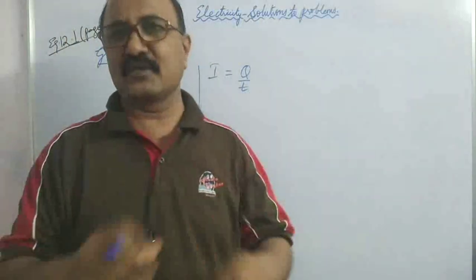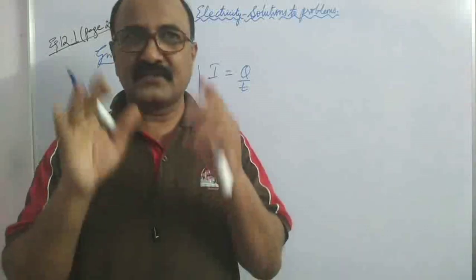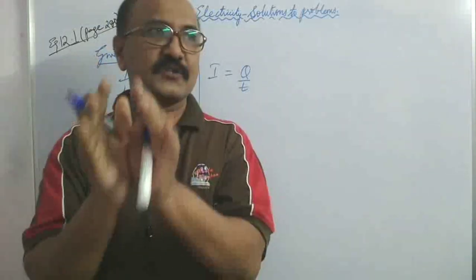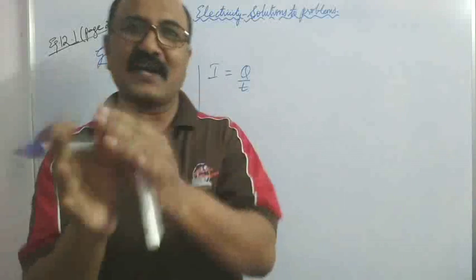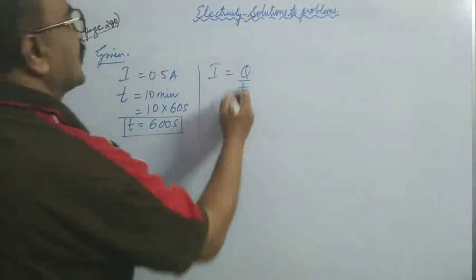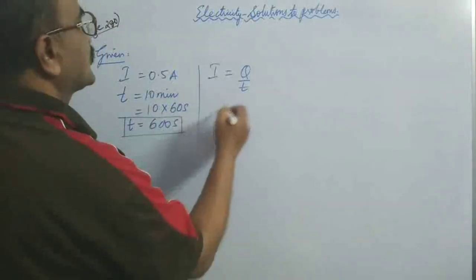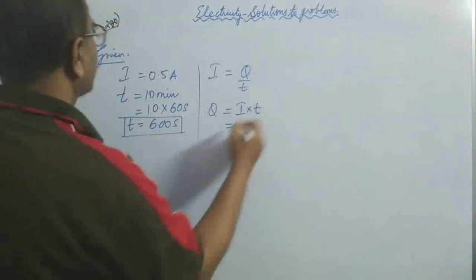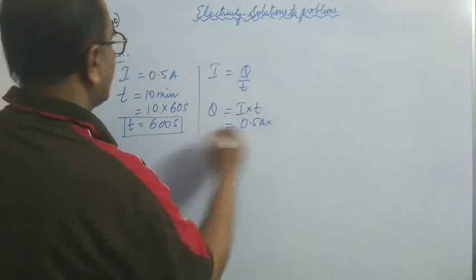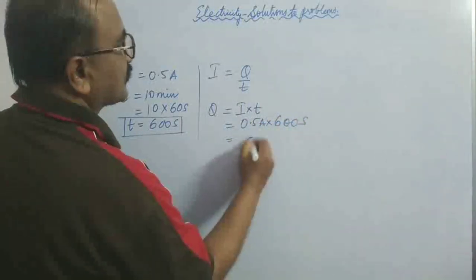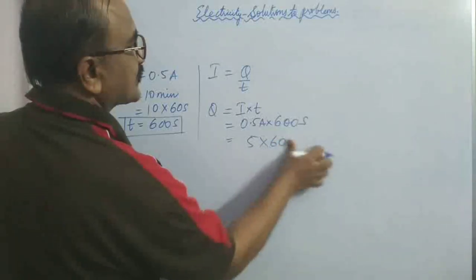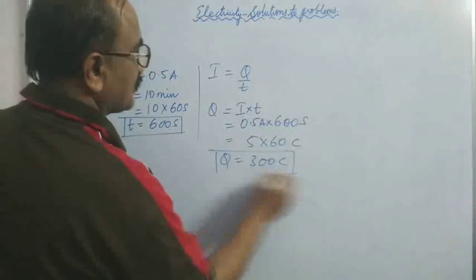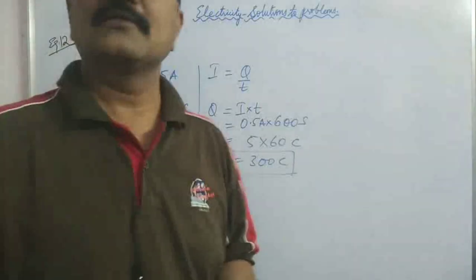The definition is current is equal to charge flowing per second, I equals Q by T. Transposing, Q equals I times T. I is 0.5 ampere and the time is 600 seconds, so that is 5 times 60, which is 200 coulombs of charge.